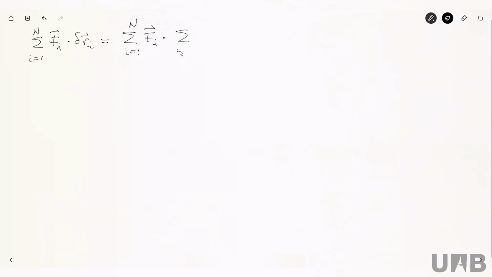So that is the sum from j equals 1 up to little n, partial derivative of Ri with respect to Qj times delta Qj. And this I can always write as a sum from j equals 1 up to little n of something that I'm going to call capital Qj, delta Qj.